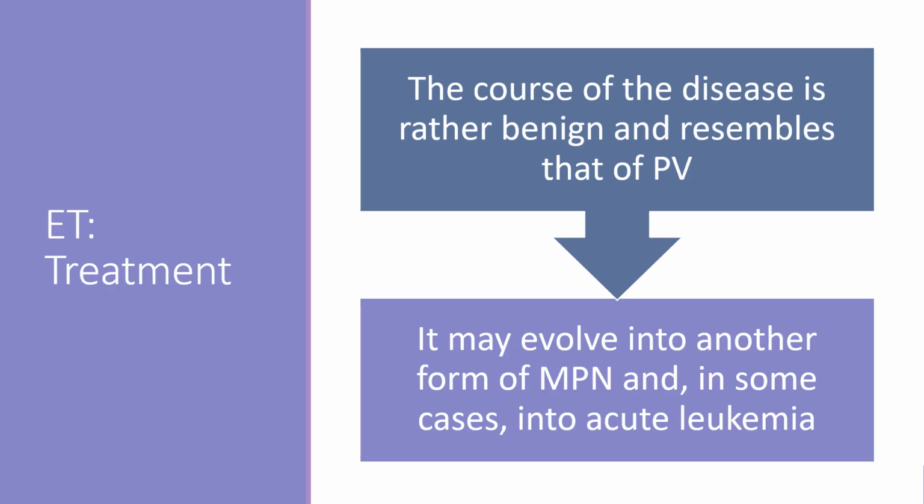So remember, we do have those acute leukemias that are associated with megakaryocytic proliferation and red blood cell erythroid proliferation. So those are the acute leukemias that we're talking about.